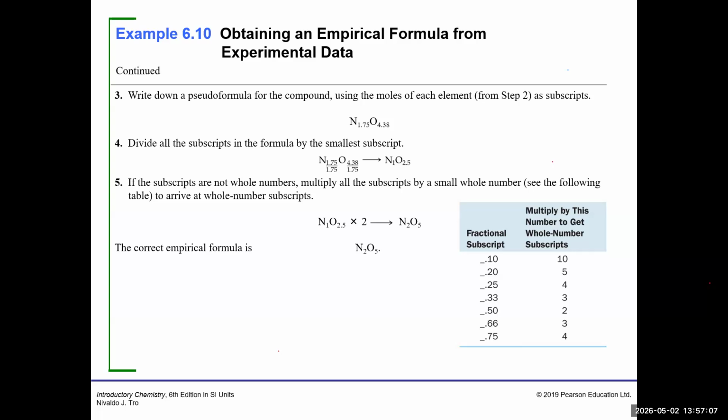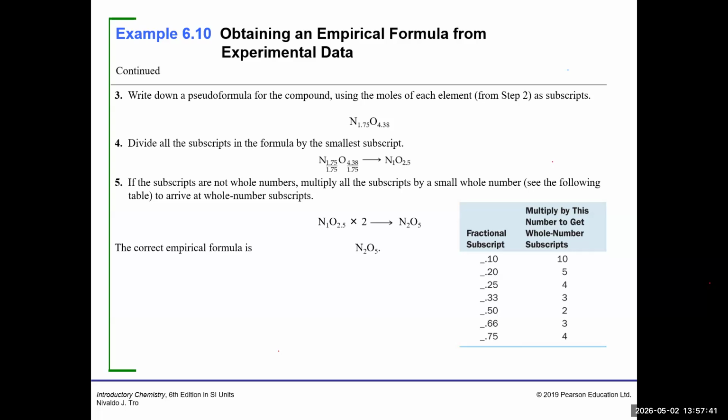Now, once we have it this way, what do we do? Mostly we don't leave decimals like that. What we are going to do is divide each of the subscripts by the smallest number. 1.75 is smaller and 4.38 is bigger, so we divide all of them by 1.75.